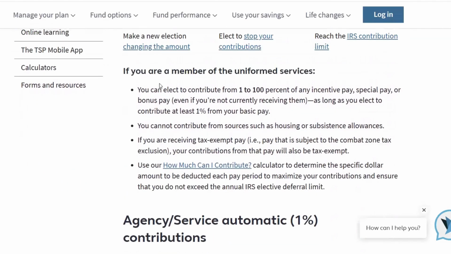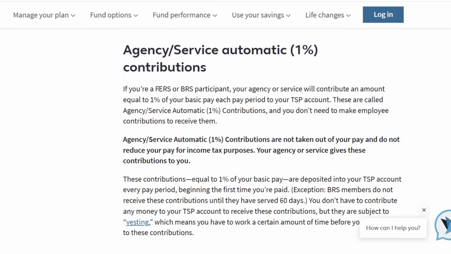So if you're unaware, there's an automatic 1% contribution that goes into an employee's TSP, whether they do it themselves or not. And that's for FERS and BRS, so this does include military in the Blended Retirement System as well, but we're not going to talk about that.